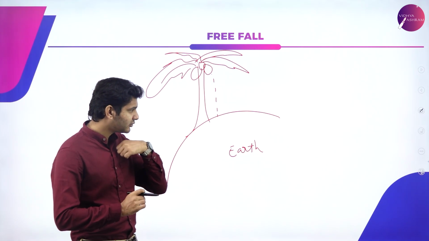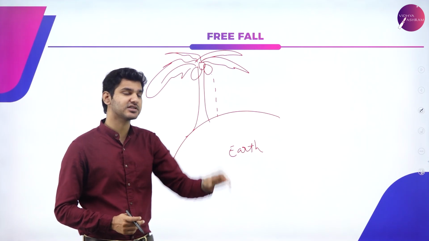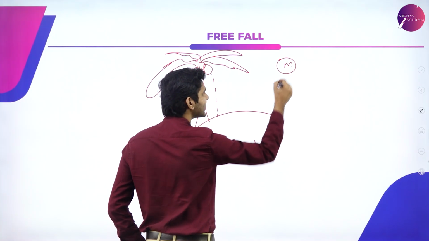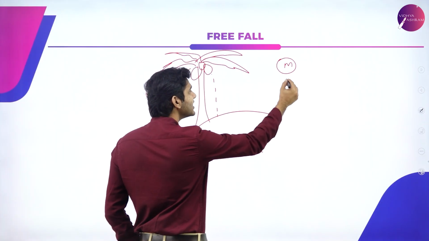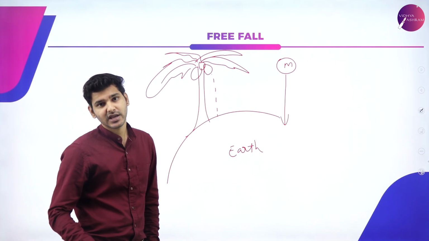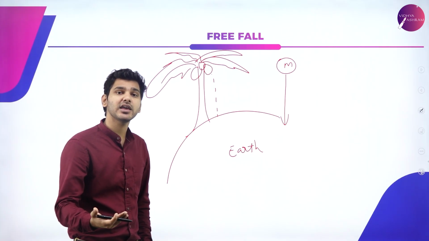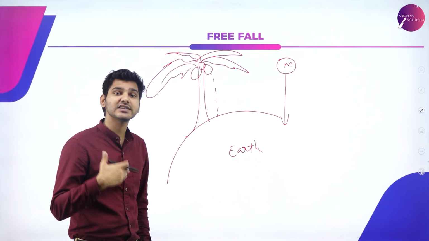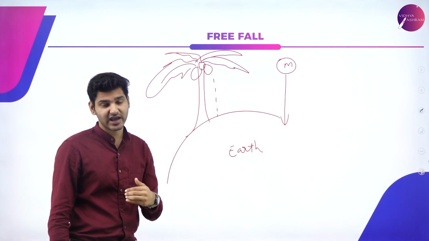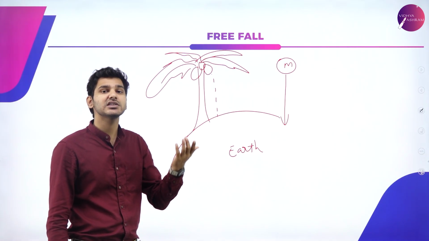For example, if you throw a rock directly upwards, after some time that rock of mass m moves downwards, accelerating. And this acceleration is provided by gravity. So free fall is nothing but any object that is moving under the influence of gravity alone. That is why it is known as free fall.